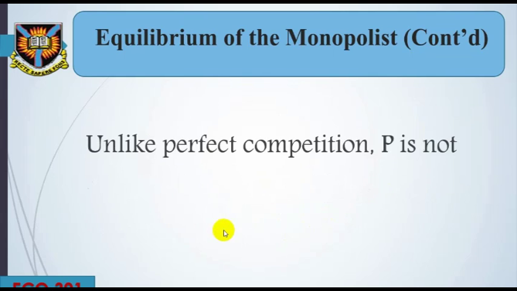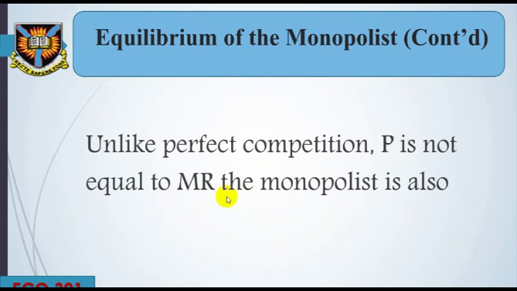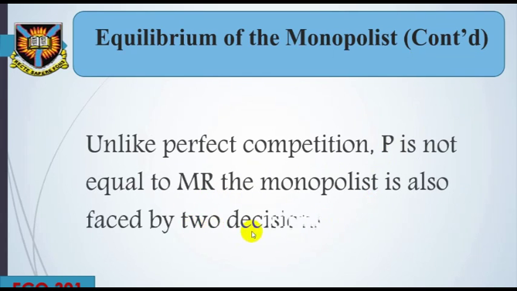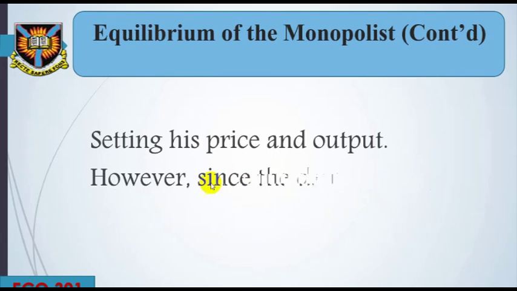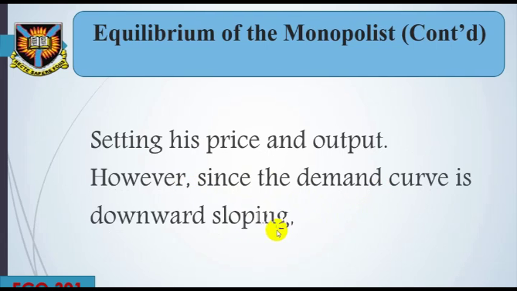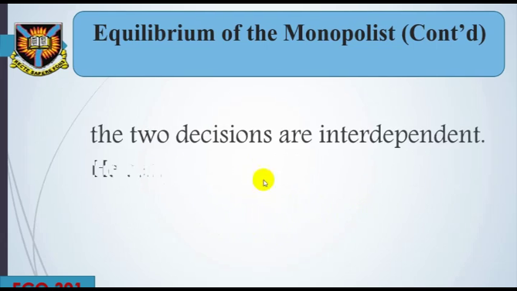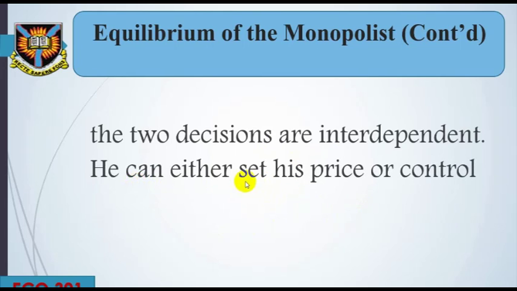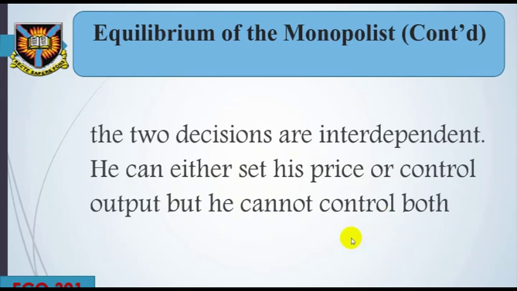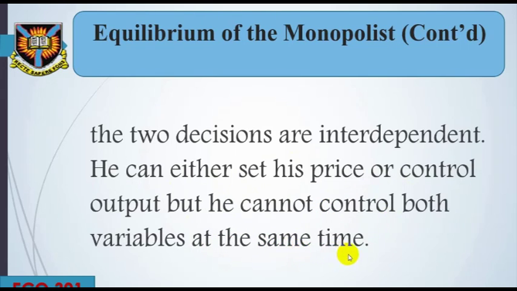Unlike perfect competition, P is not equal to MR. The monopolist is also faced by two decisions: setting its price and output. However, since the demand curve is downward sloping, the two decisions are interdependent. It can either set its price or control output, but it cannot control both variables at the same time.